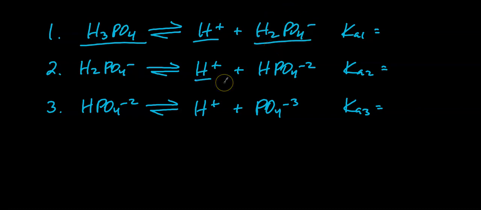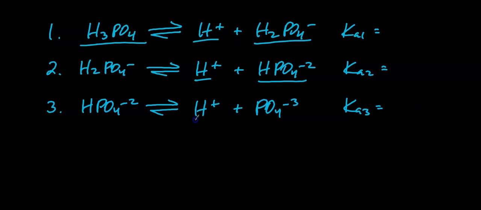More H plus, but how much H plus is produced from that second ionization? If H2PO4 minus is a really weak acid, then you're going to produce a really small amount of H plus in that second ionization. We'll make some HPO4 2 minus, again a small amount, but nevertheless it's still there.